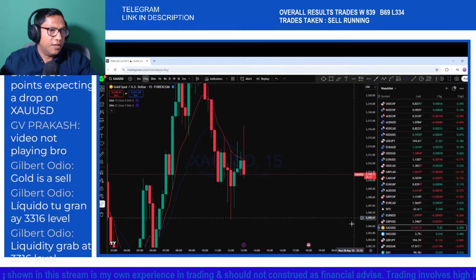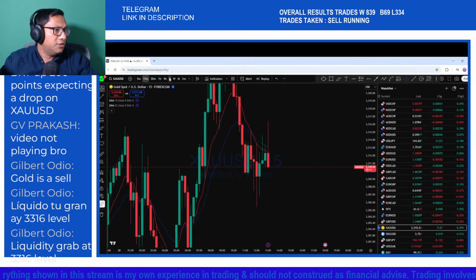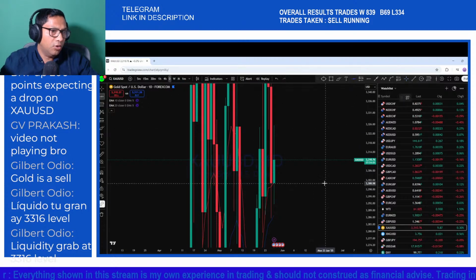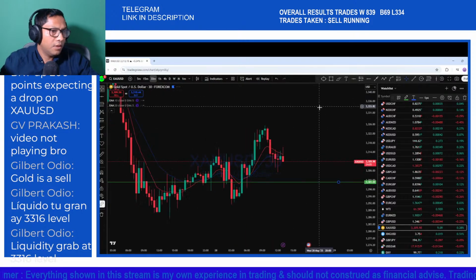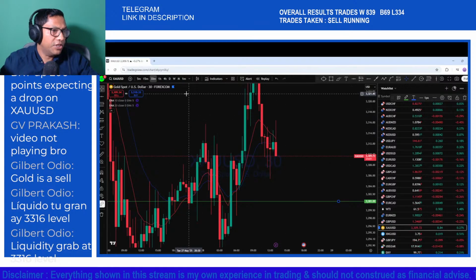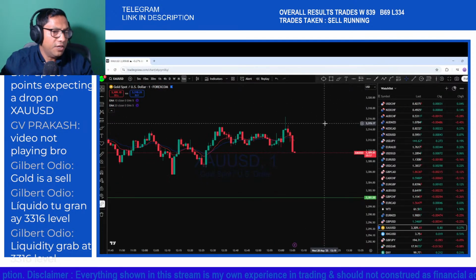Okay, so you can see that after break of this high, it's now again trying to push back to the daily low. Now you can see clean manipulation here. So look at the 1 minute.